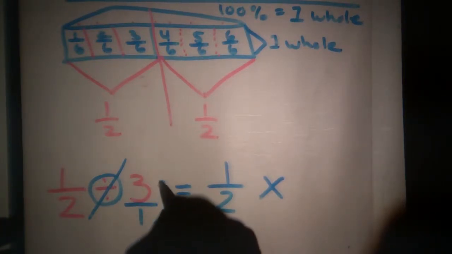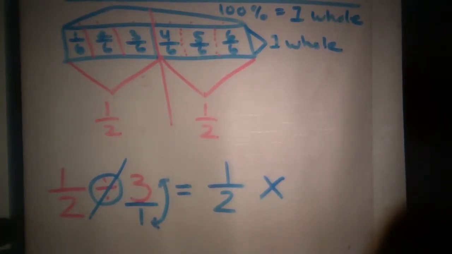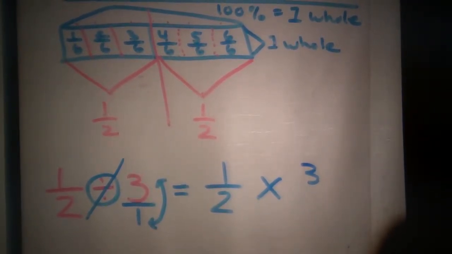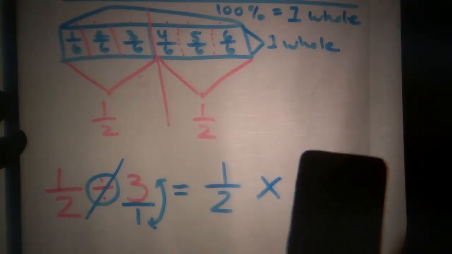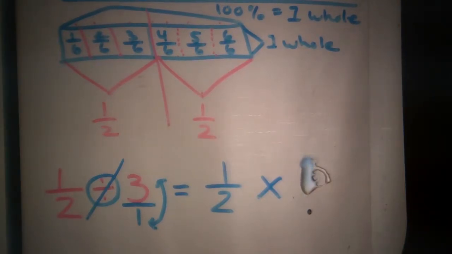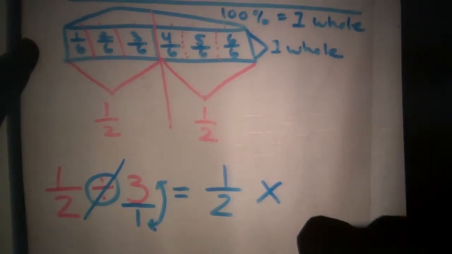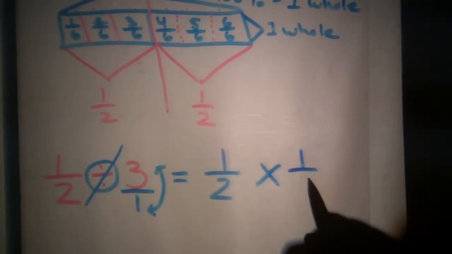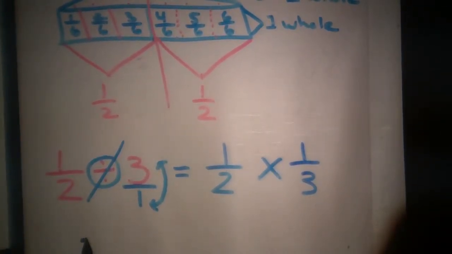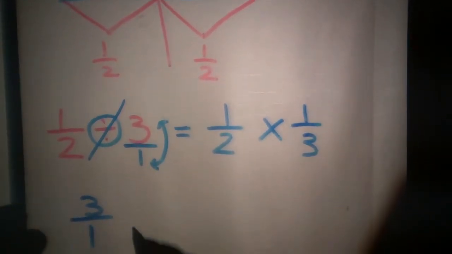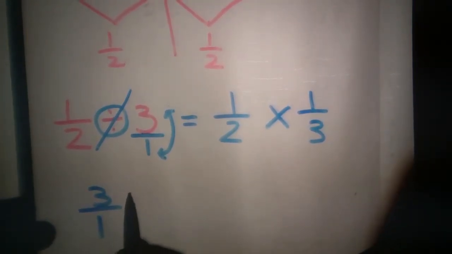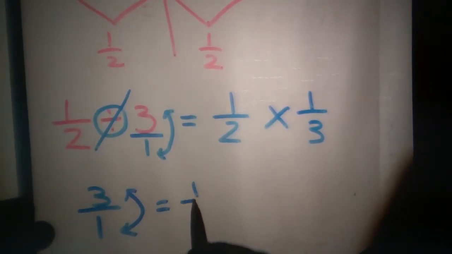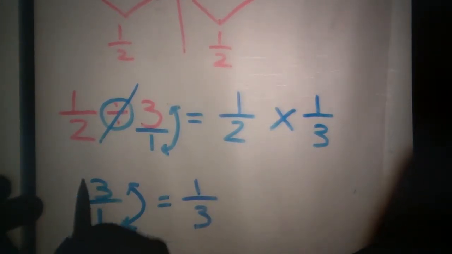So if I take the reciprocal or invert it, I now have, oops, sometimes we make a little error, we just erase, no biggie. Now we have 1/3, because if I take 3/1 and turn it upside down or invert it and take its reciprocal, I have 1/3.